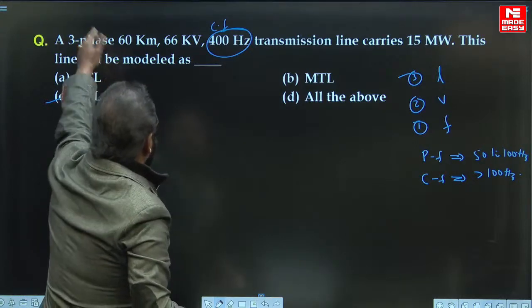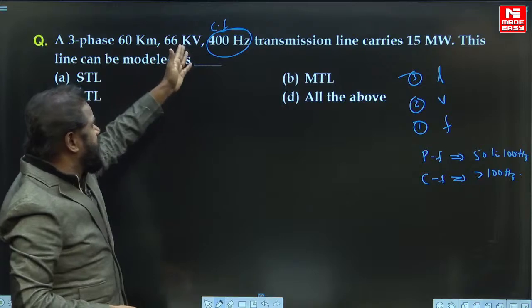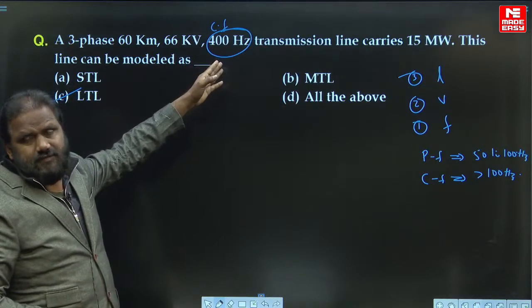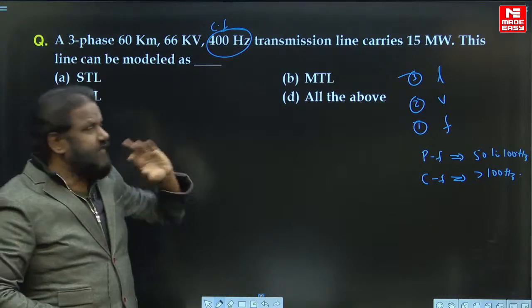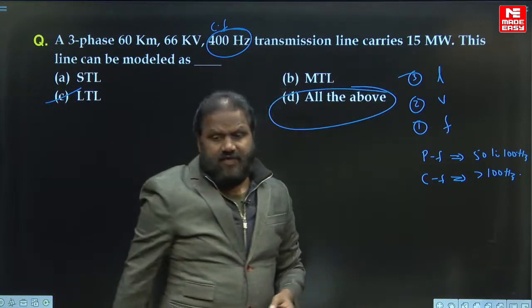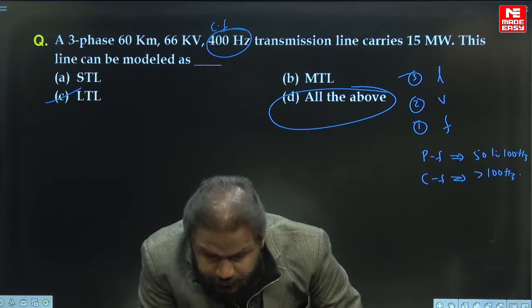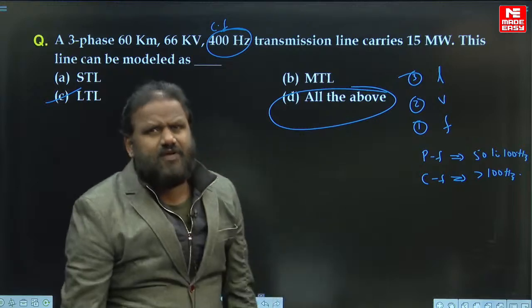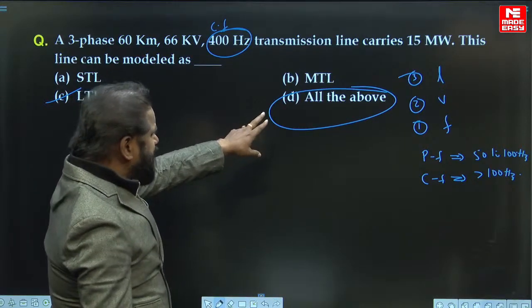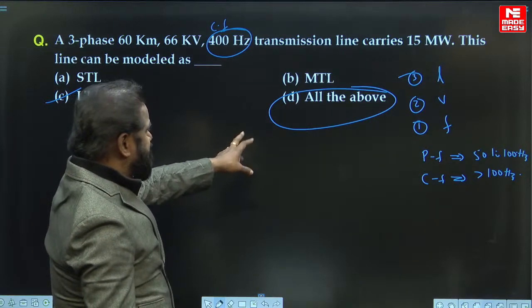If you observe, according to the length it is a short transmission line, according to the operating voltage it is a medium transmission line, according to the frequency it is a long transmission line. Some people may argue that the others are also right answers, some people will say that all the things are satisfied, so the answer is all of the above.